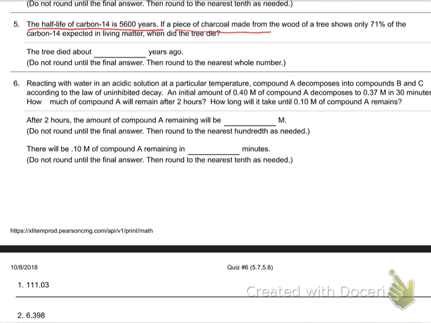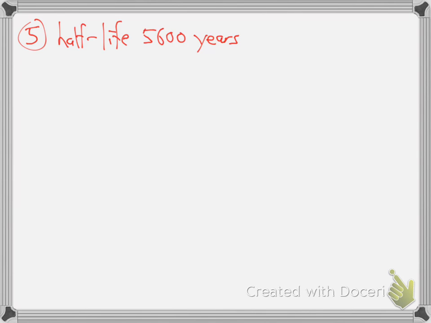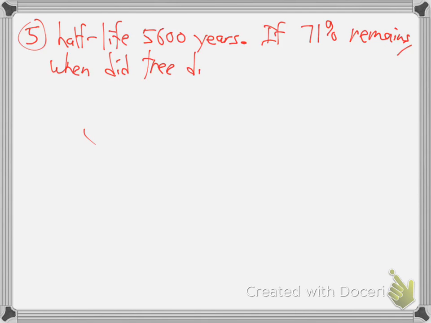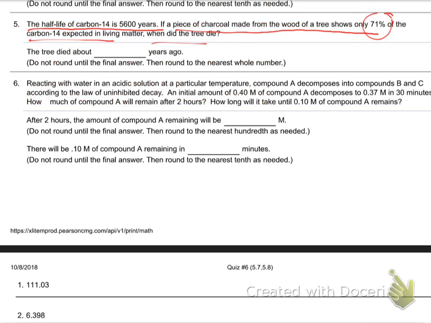Piece of charcoal made from wood, 71%. When did the tree die? If 71% remains, when did the tree die? 71% remains when the tree died.